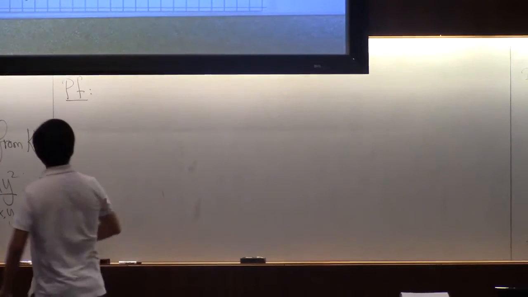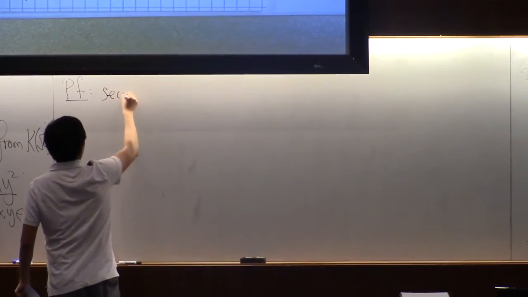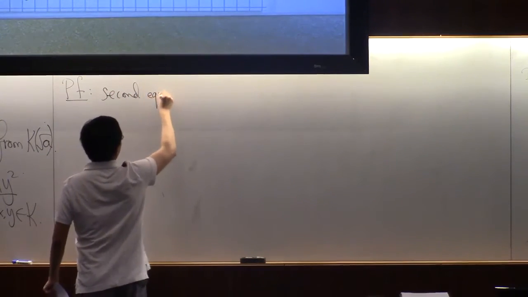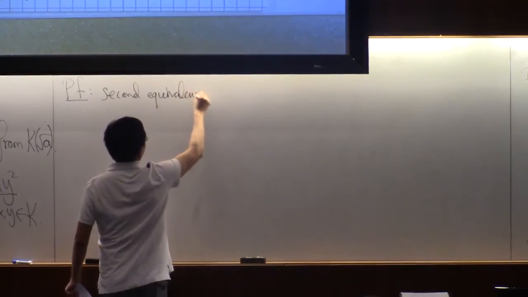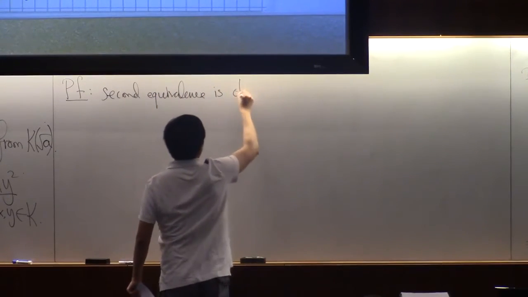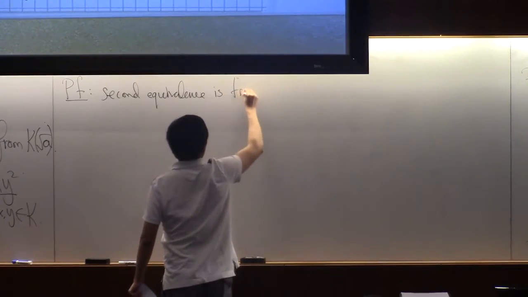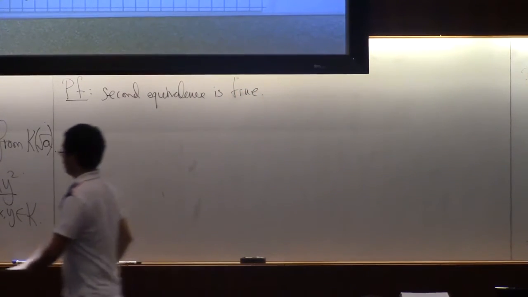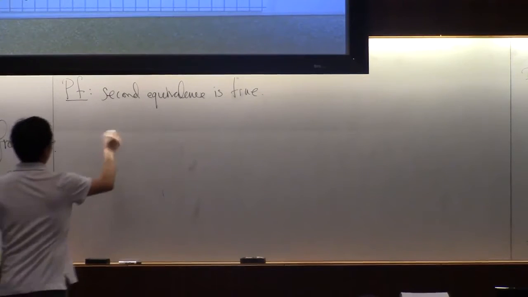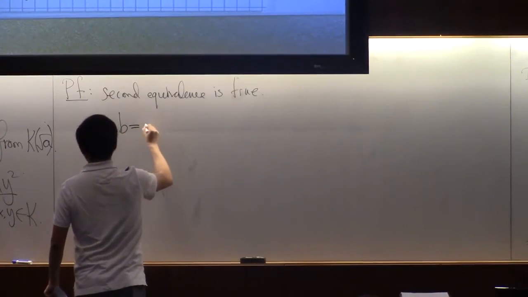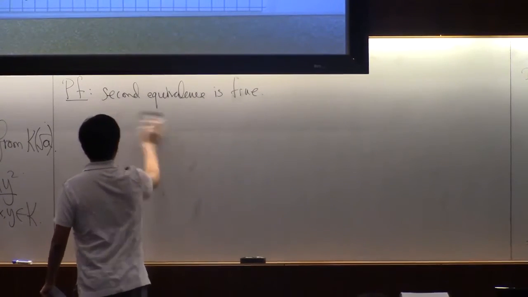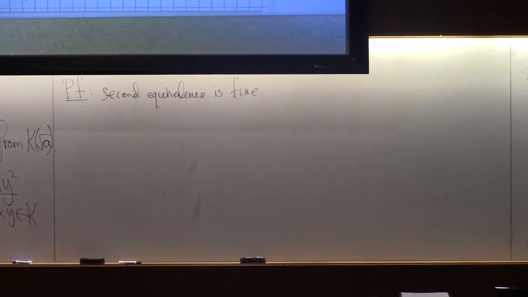So I want to first of all say that the second equivalence is obvious, or it is true. Basically, if B equals X squared minus AY squared, of course you take Z equals 1, and that gives a solution.